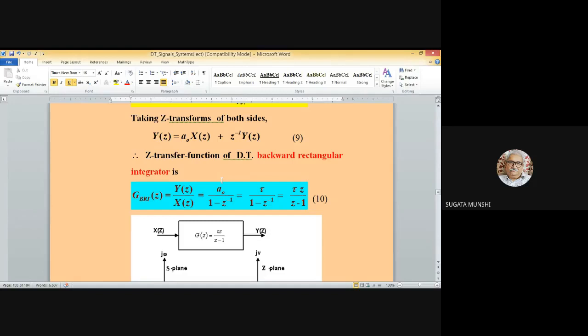All right. Now, what is the transfer function of a continuous time integrator? Tell me. 1 by s.